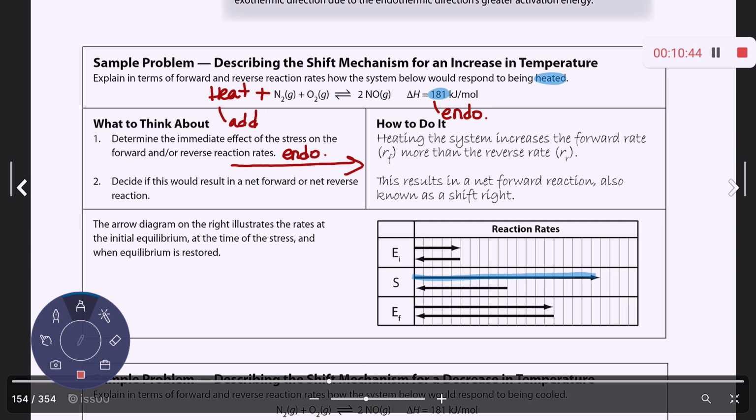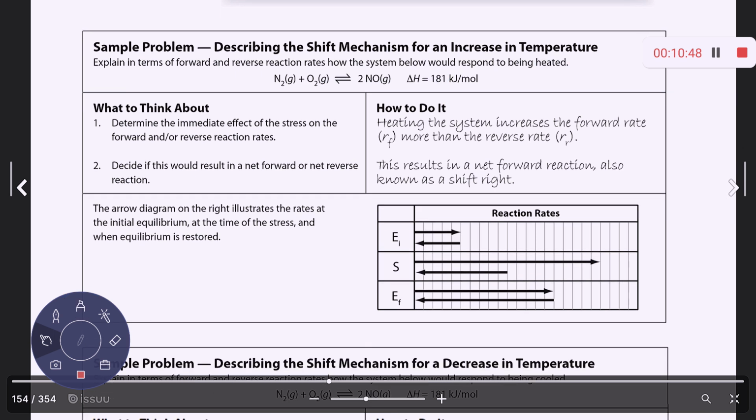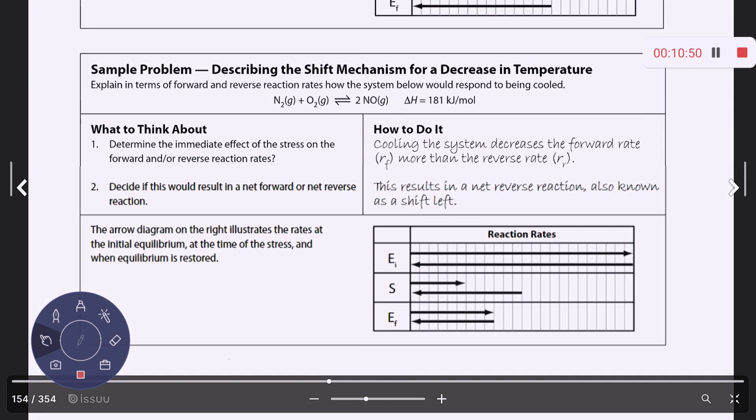Let's take a look at the other sample problem at the bottom of the page. Down here, same process, delta H is positive, endothermic in this direction. Here's my heat. Here we are cooling it, okay?